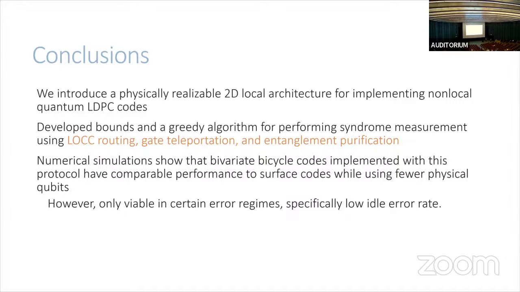If you choose codes where the grid that it's embedded on is skinny and tall, then you get a small number of these long range checks and a lot of these short range checks. So mainly we looked at codes where this is the case, and then it's only the checks that cross the long range boundary that we consider the long range checks. So it's always deterministic based on the embedding.